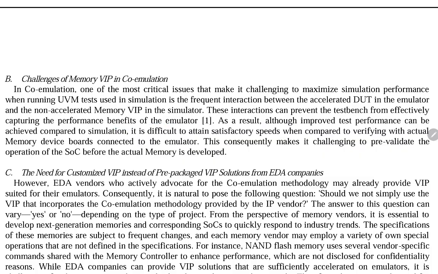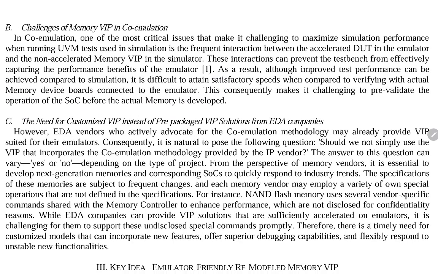As a result, although improved test performance can be achieved compared to simulation, it is difficult to attain a satisfactory speed compared to verifying with an actual memory device board connected to the emulator. This consequently makes it challenging to pre-validate the operation of the SoC before the actual memory is developed.